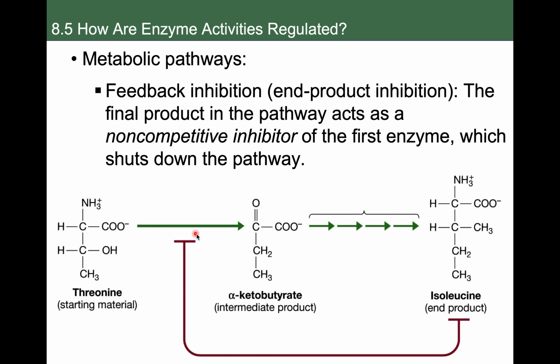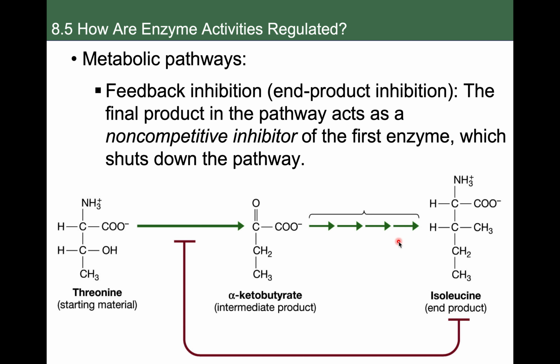That threonine is going to start to be converted into isoleucine by this group of enzymes. As the isoleucine levels build up, some of that isoleucine that's floating around is going to bump into the enzyme that's catalyzing the first reaction and start to shut it down. And as we shut that enzyme down, this whole pathway begins to come to a grinding halt. Eventually, if there's enough isoleucine, we basically shut down the whole pathway.